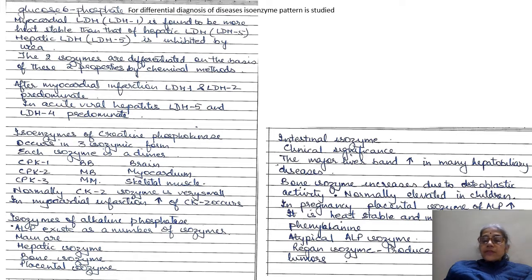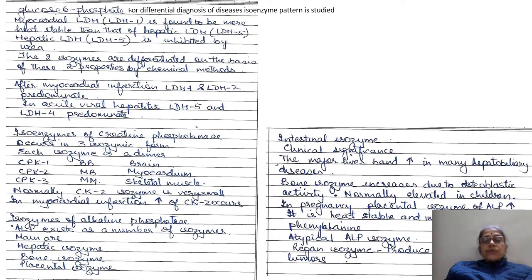Whenever a person suffers from myocardial infarction, LDH1 and LDH2 increase, and we can come to know about their increase by studying their heat stability, while in liver diseases, especially when a person suffers from acute viral hepatitis, LDH5 and LDH4 predominate. So by studying their urea inhibition, we can come to know about these isozymes and their content. In this way, differential diagnosis is made.